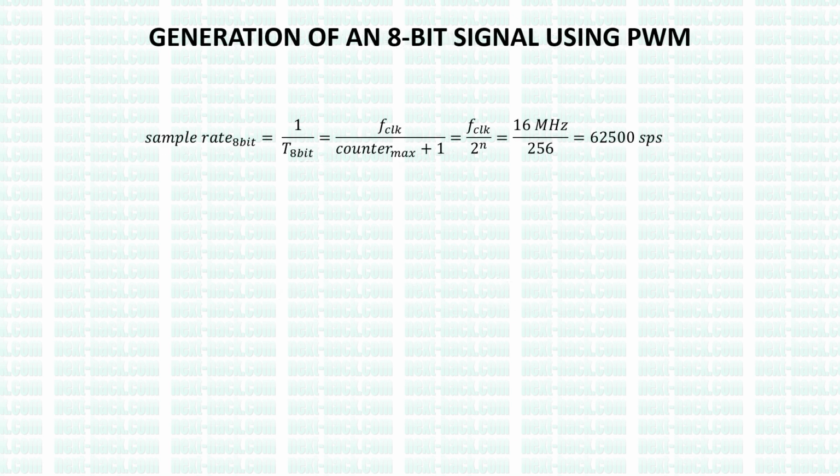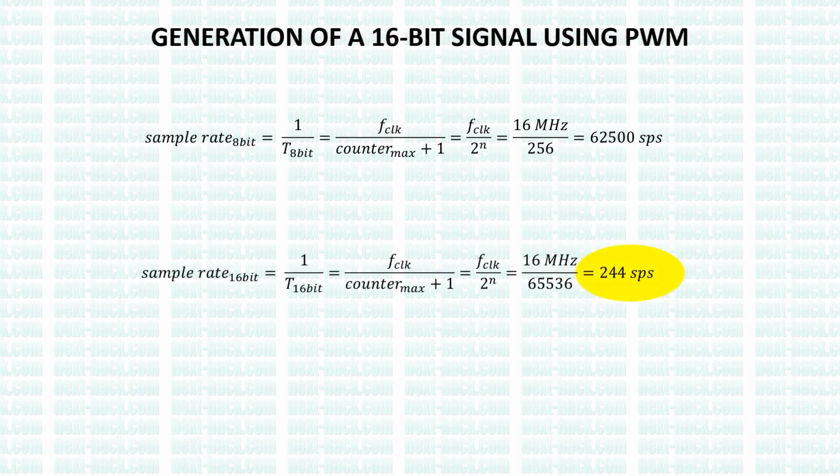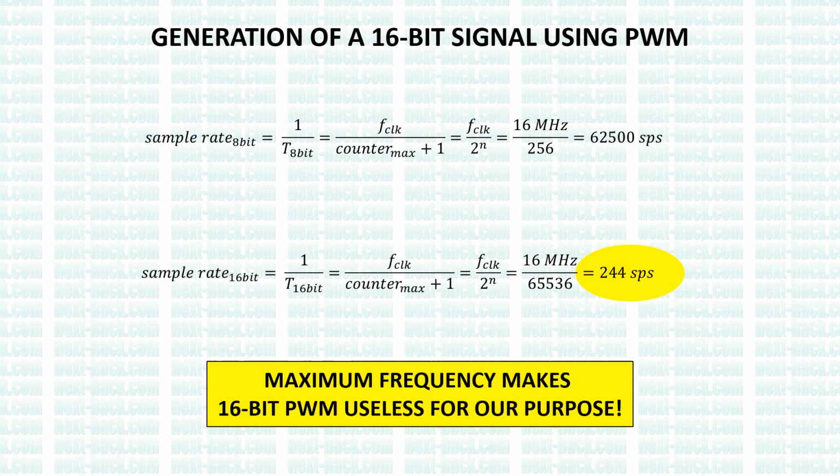Since the maximum timer clock frequency is 16 MHz, at 8 bits we have about 63 kilosamples per second. This is enough for our application, but we want 16 bits. At 16 bits, that would result in only 244 Hz, which is totally useless.